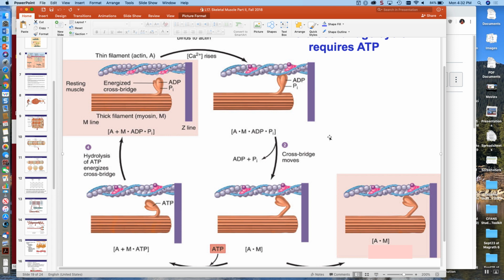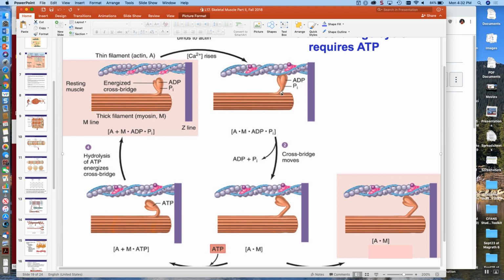The bridge is actually already energized. ATP has already been broken down, hydrolyzed. On the myosin head, at that ATP binding site, what you get is ADP and inorganic phosphate. They're still attached to the myosin head. In other words, ATP has hydrolyzed to ADP and an inorganic phosphate.